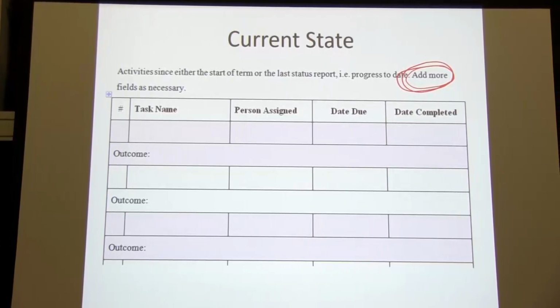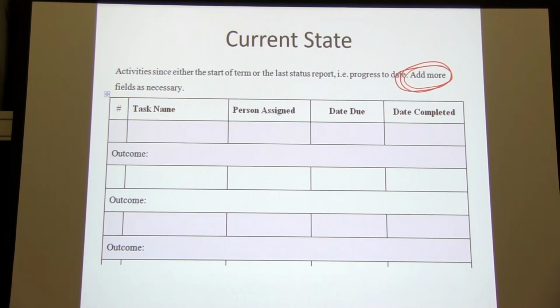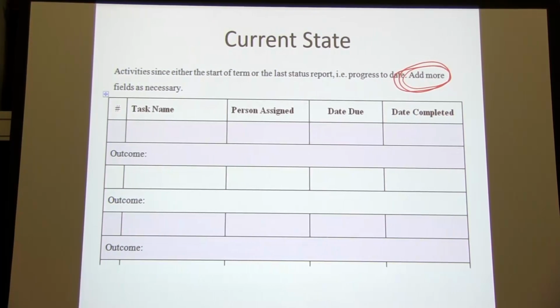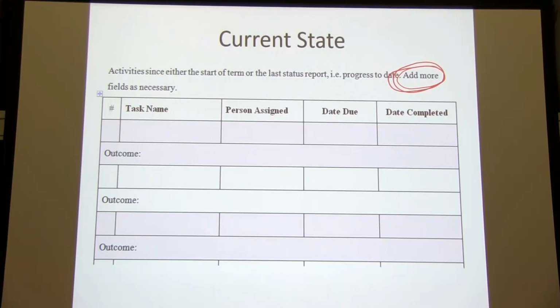You fill in the task name, you fill in the person assigned and the due date. Sometimes it'll be completed and sometimes it won't. These are things that are being worked on currently or that got finished during the time from the last reporting period to now. So you fill all those in.